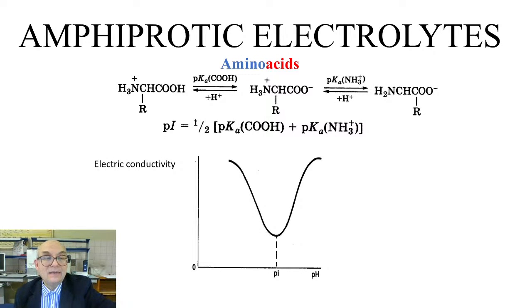And look at the graph again. It is an important characteristic. What is the pH of the amino acid solution when electric conductivity has a minimum value? This pH is denoted as the isoelectric point, and it is labeled as pI.